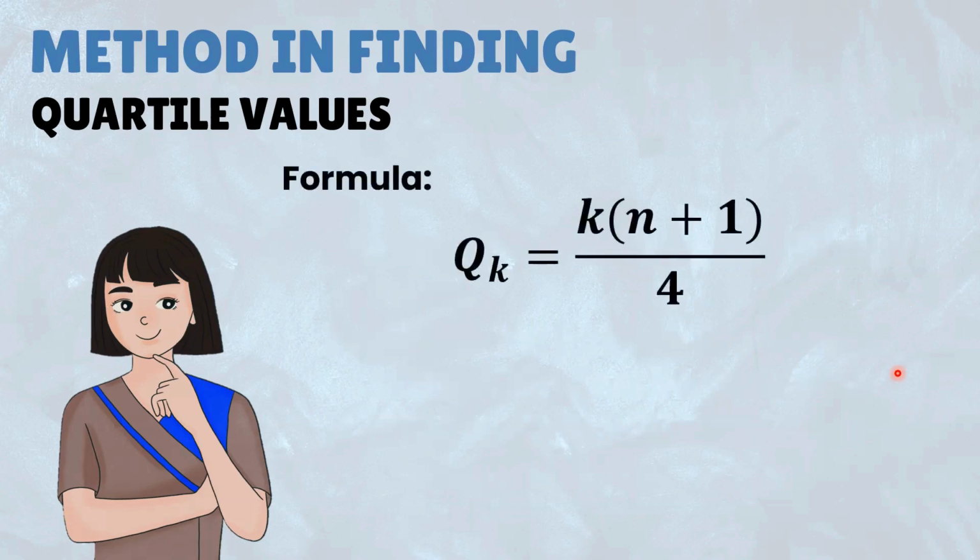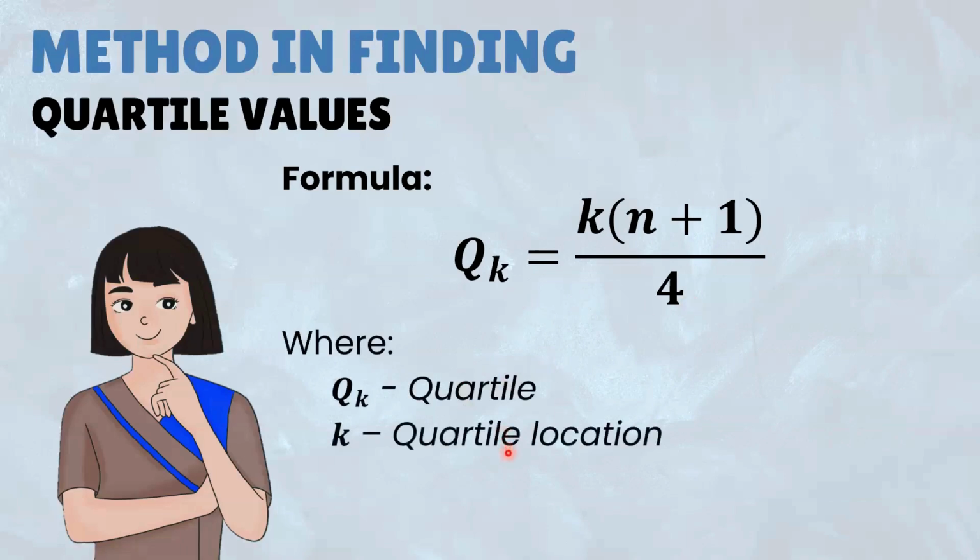The formula flashed here on screen is used to determine the position. Take note, the position of the unknown quartile value. So Q sub k is equal to k times n plus 1 over 4. Whatever answer we get using this formula indicates the position of the unknown quartile value. Q sub k represents our quartile.